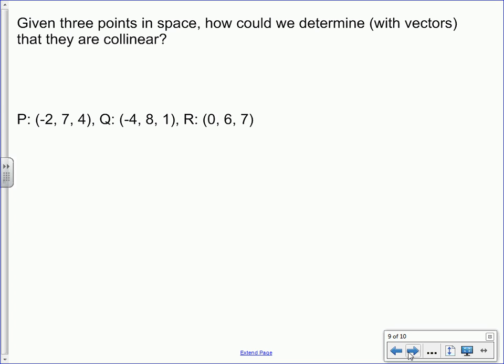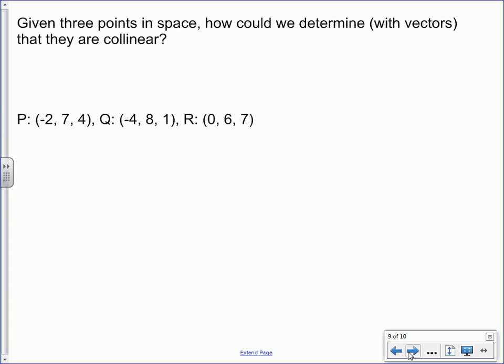Okay, well, if I have 2 vectors that share a point, and they are going in the same direction, what has to be true? They have to be on a line, right?